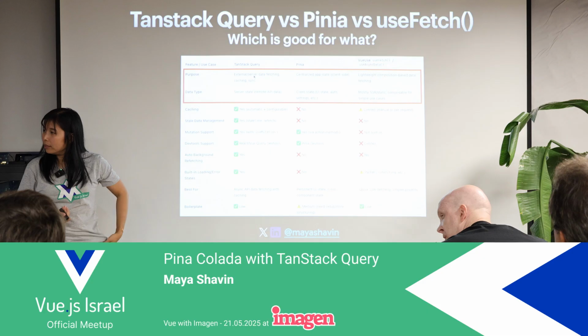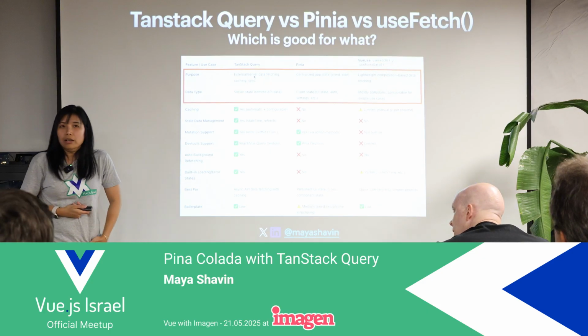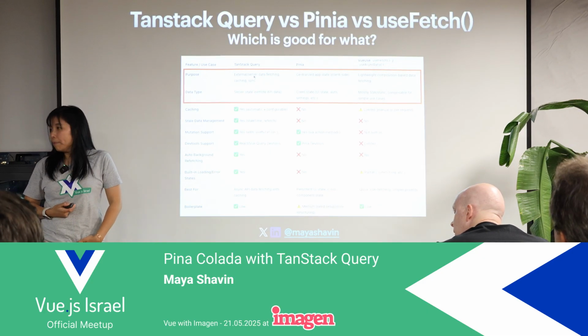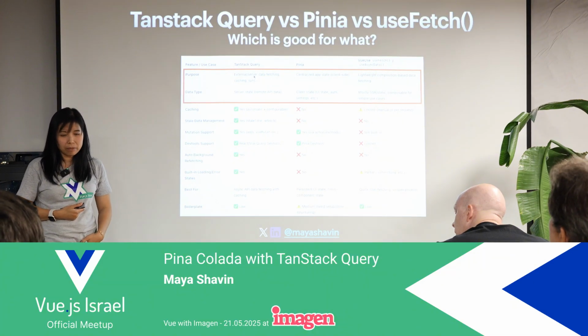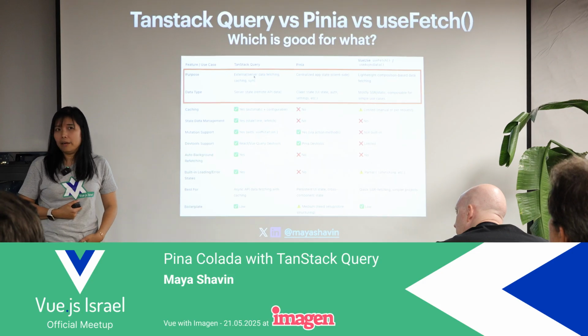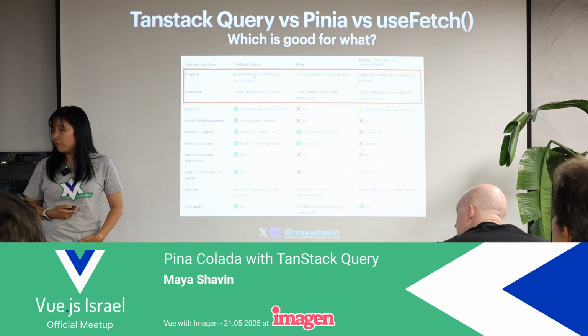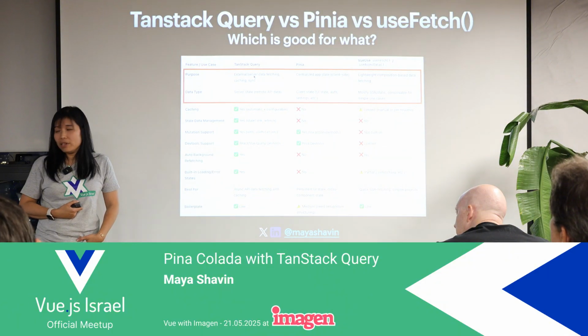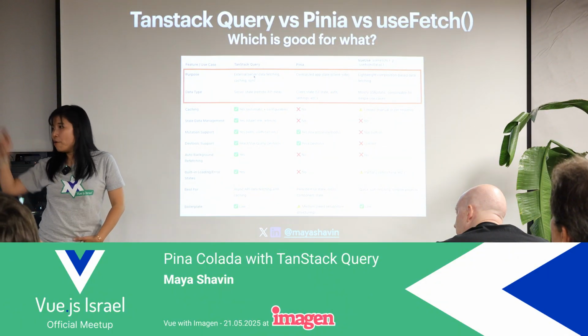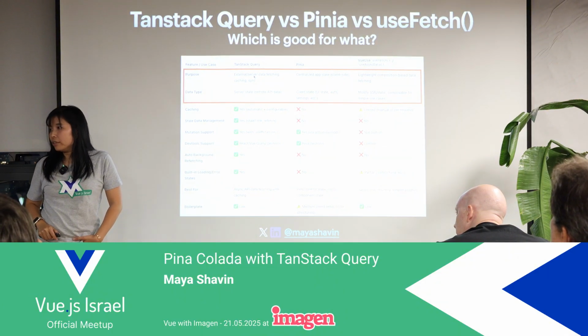And can it also replace Pinia? It's not meant for replacing. They have something called TanStack, I think something for internal state, I don't remember, but you can use it for client state. But TanStack Query is really meant for querying data externally because it has the caching and stuff.